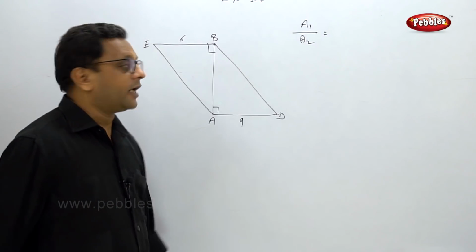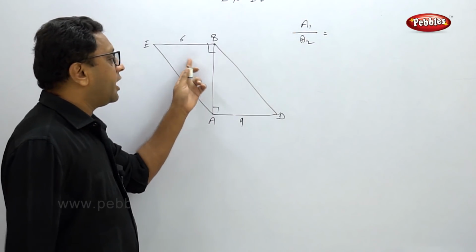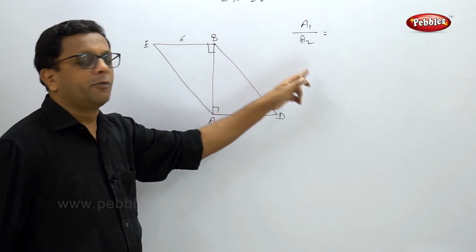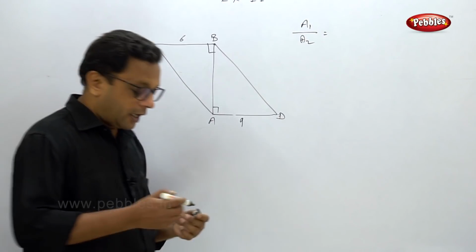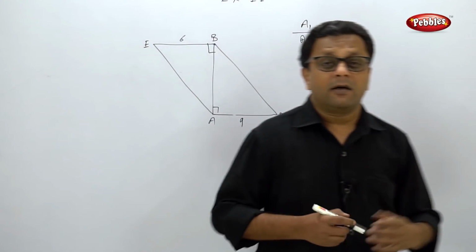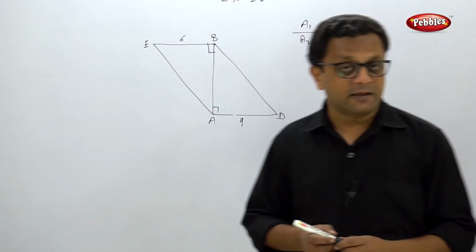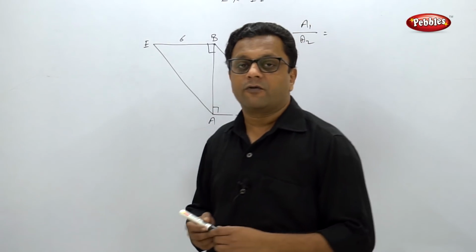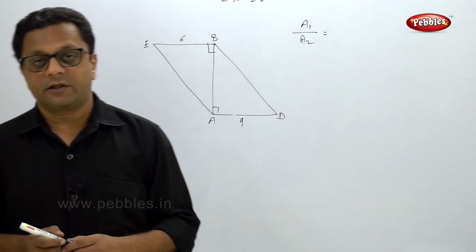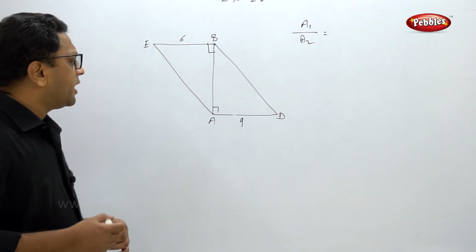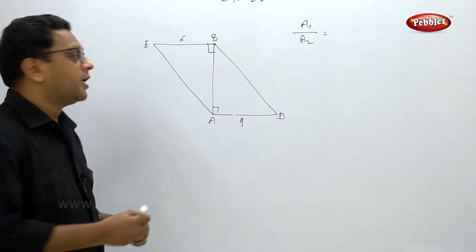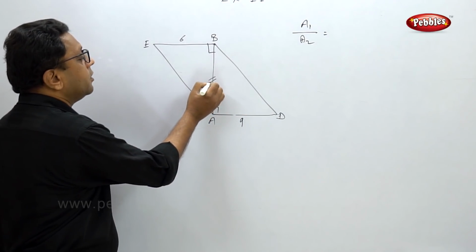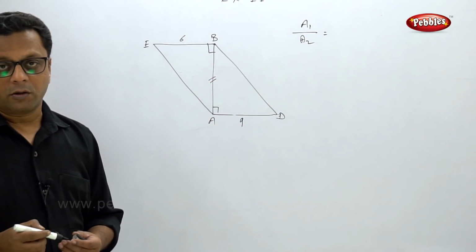So this is A1, A2, and we have to find A1 upon A2. We know from the properties that the ratio of the areas of triangles is equal to the ratio of the product of their base and corresponding height. But here you can see these two are right angled triangles and this height is common for both.